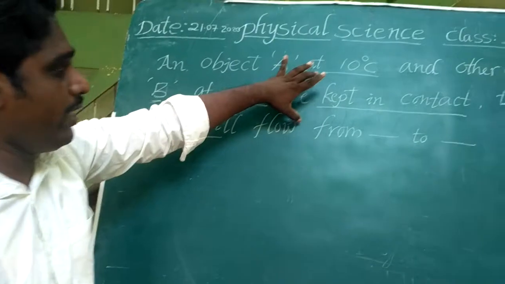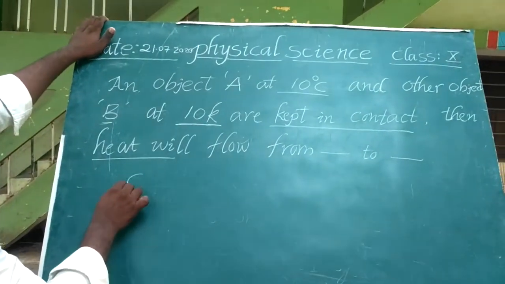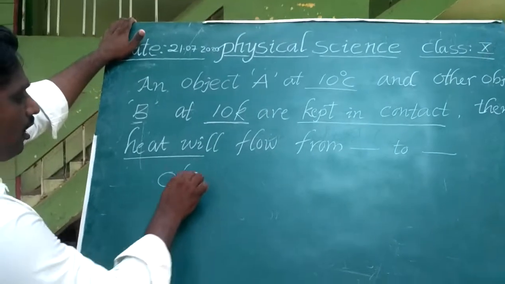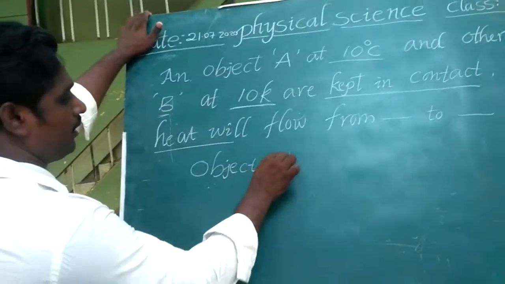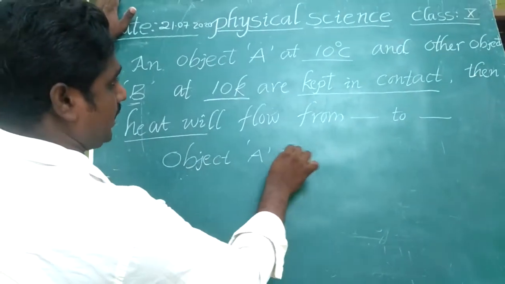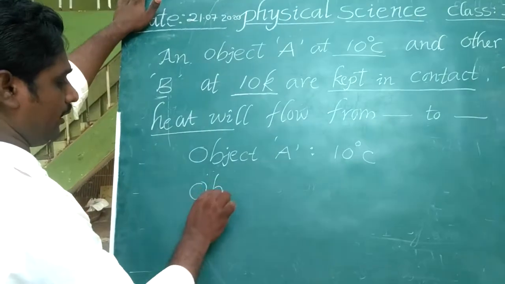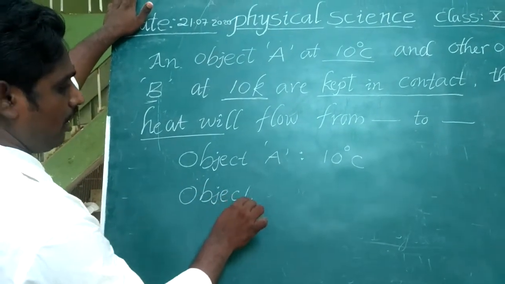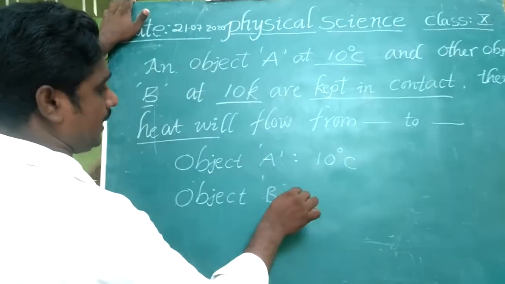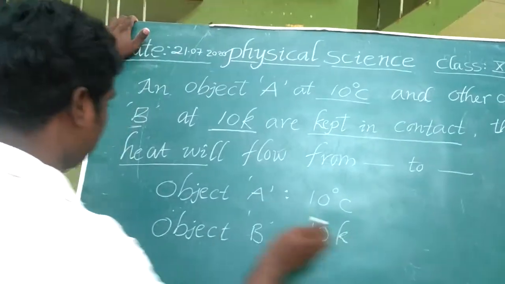Here, different temperatures are given. Object A is at a temperature of 10 degrees Celsius. Object B is at 10 Kelvin temperature.